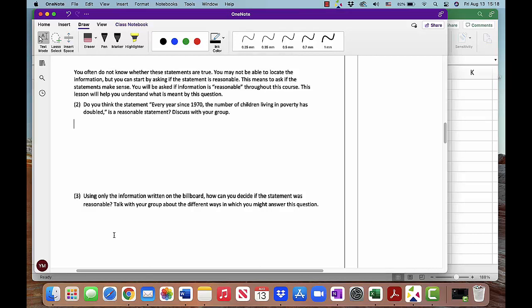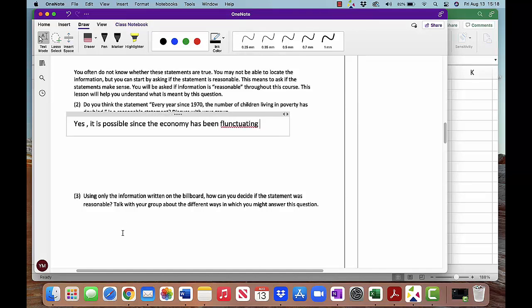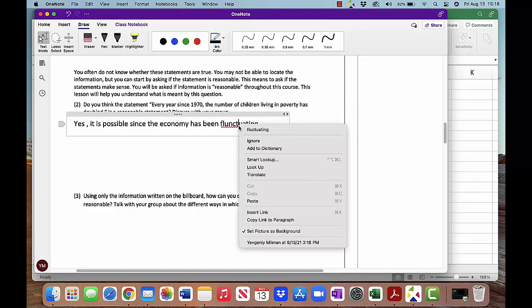Alrighty, so let's review. You might have written that yes, it is possible, since the economy maybe has been fluctuating through the years.